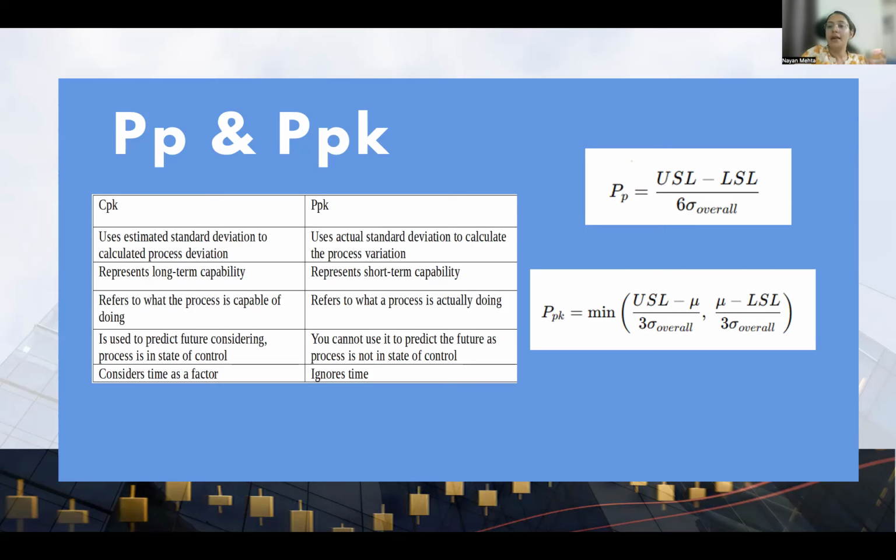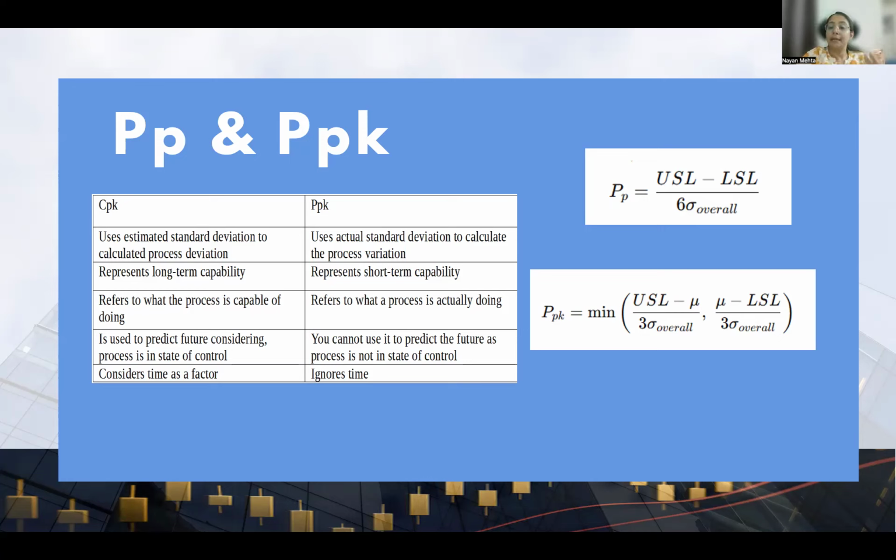But PP and PPK use the overall standard deviation, which gives us a long-term view plus actual performance. Think of it like this: CP or CPK are a snapshot of the capability under controlled conditions, whereas PP and PPK are a full movie of performance across time.